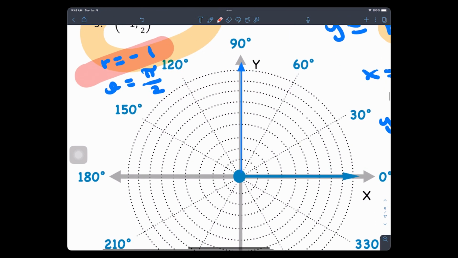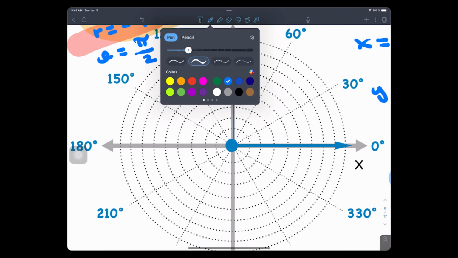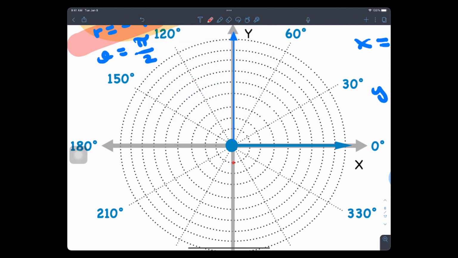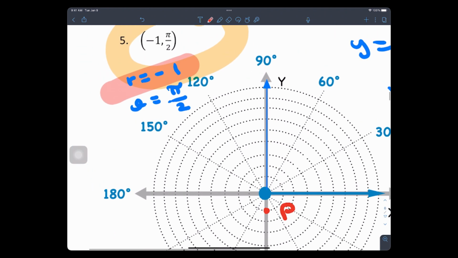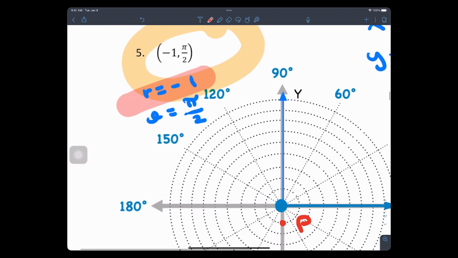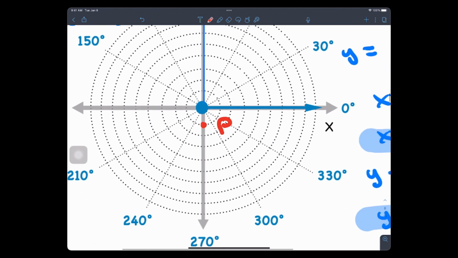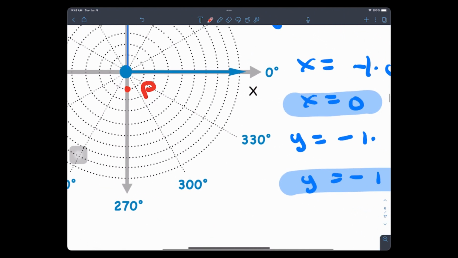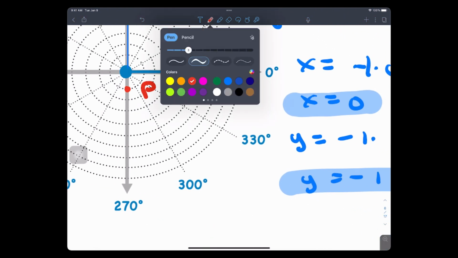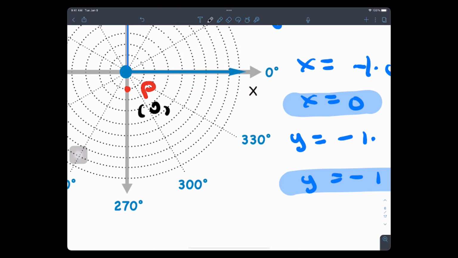So how did we plot this yesterday? Wasn't this opposite the pole because it's a negative radius? So that's your location P, this polar coordinate. The rectangular coordinate is actually x is 0, y is -1.